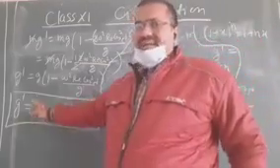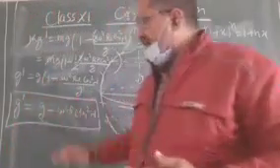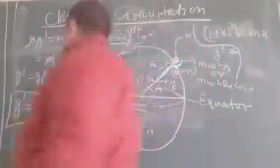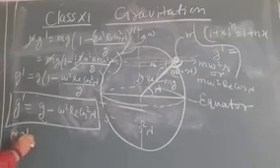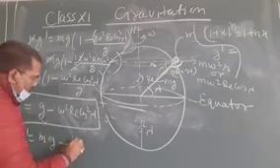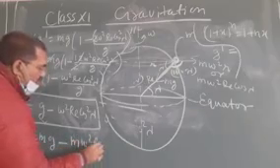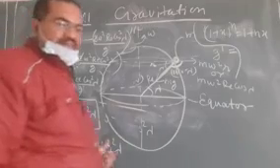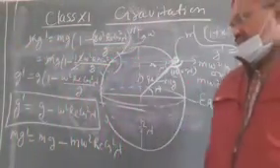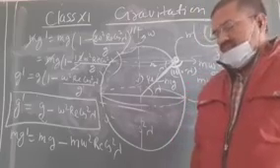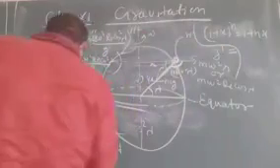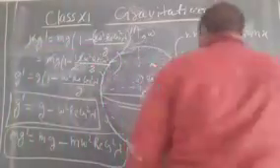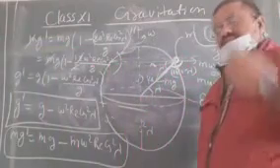This is the apparent weight. To find the apparent weight of the body, multiply by m, the mass of the body. So mg dash equals mg minus m omega square r cos square lambda. This is the apparent weight of the body at latitude lambda. Clear?